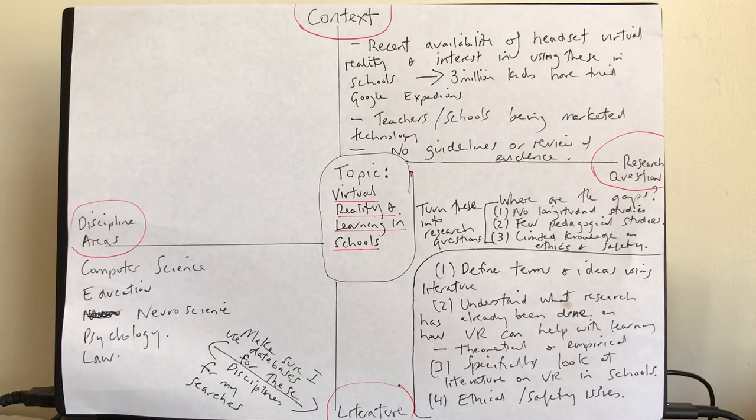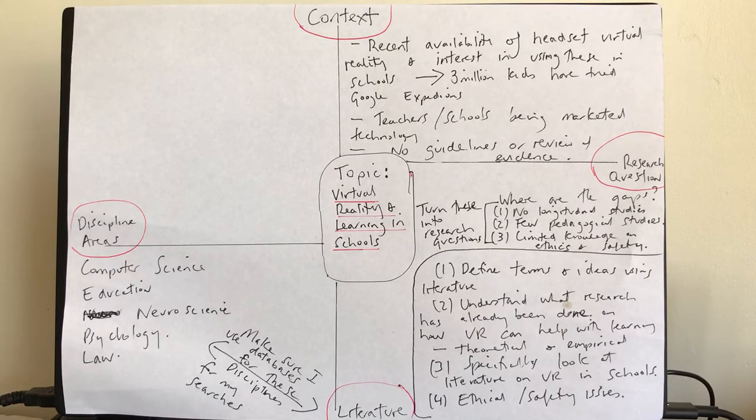I know, for instance, psychologists are interested in this type of technology, and you know, when you put the virtual reality headset on, what immersion does to people, what a sense of presence in the virtual space does for people. So psychologists are interested, neuroscientists are interested in what happens to your brain when you put a virtual reality headset on, and there are legal issues as well, legal issues around the way these environments are created, the kind of contents used, but also duty of care issues for people.